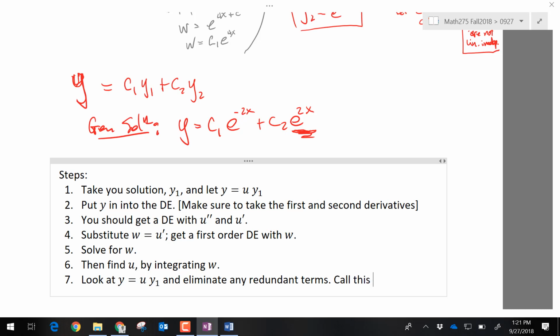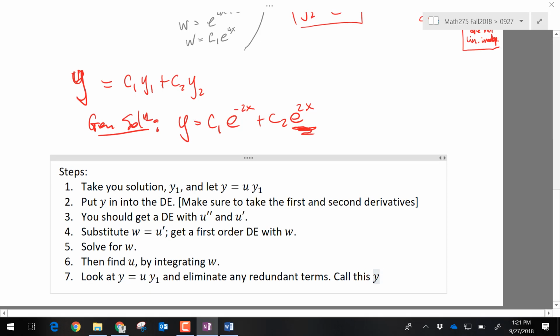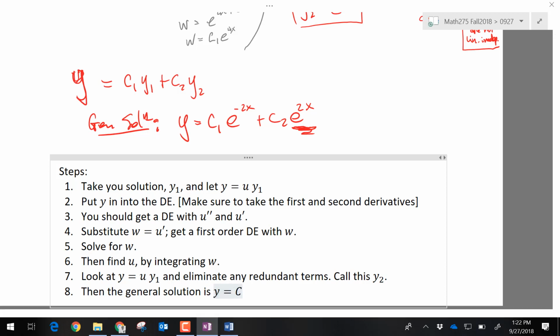So this would be the second of your fundamental solutions. And then your general solution is going to be y equals C1 times y1 plus C2 times y2.